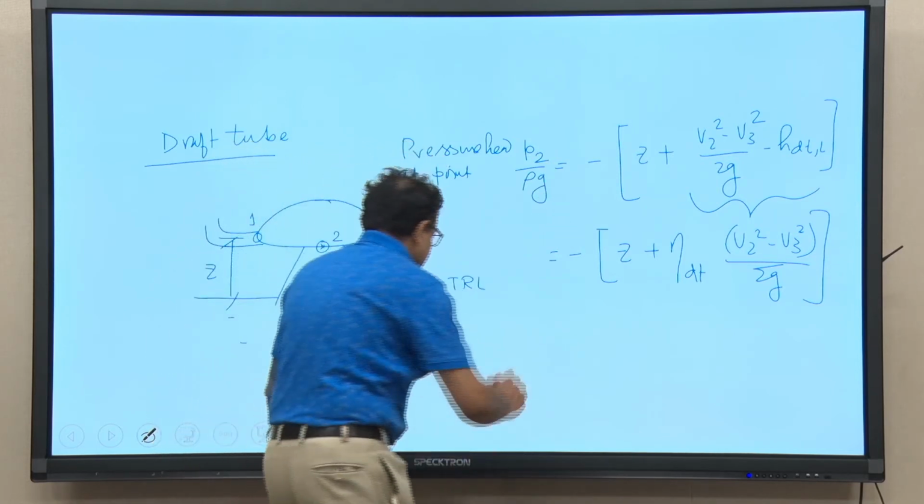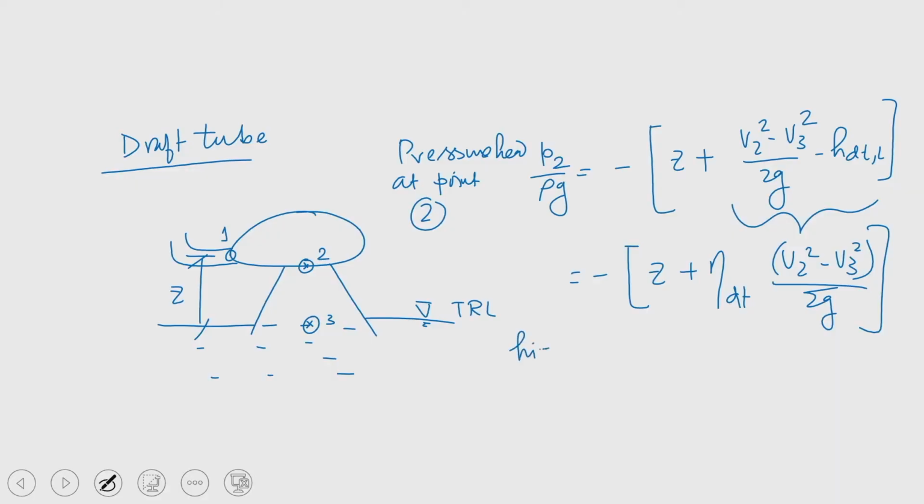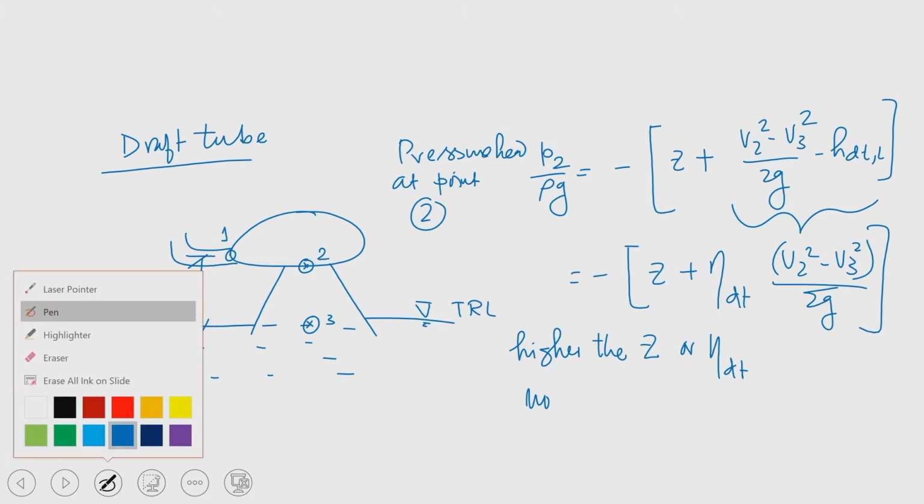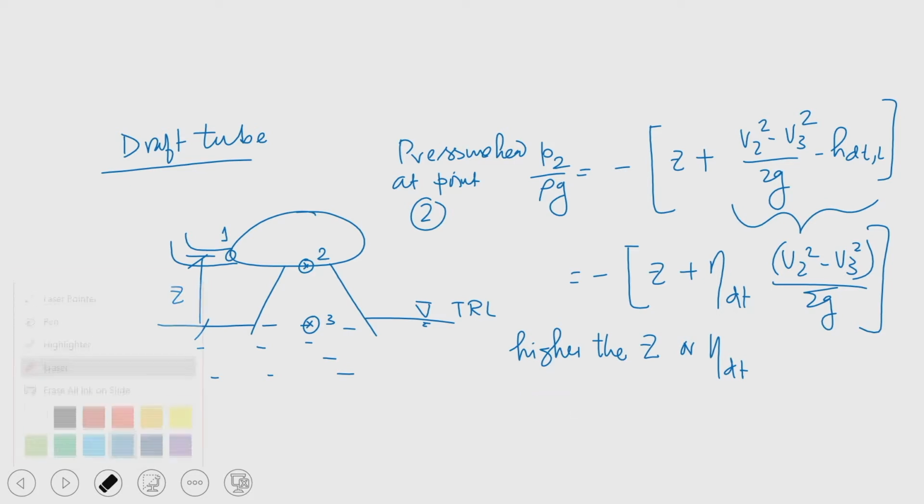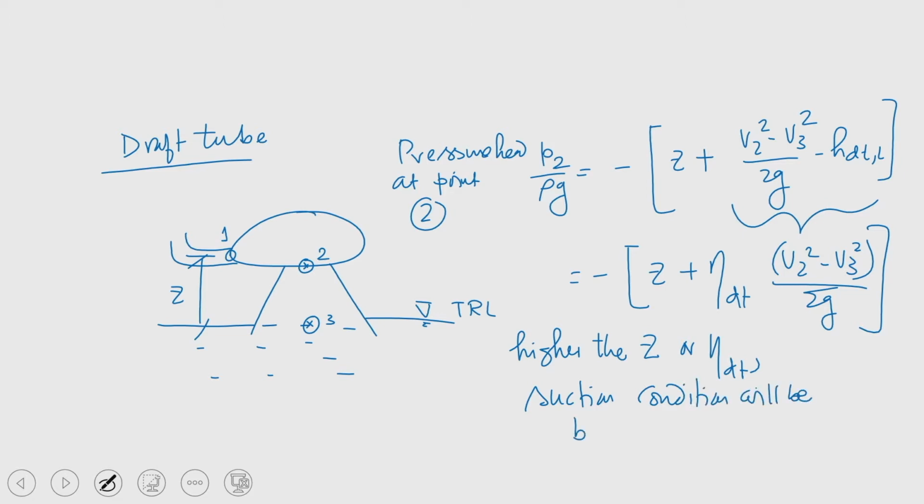So, I am writing: the higher the Z or eta dt, the suction condition will be better and better.